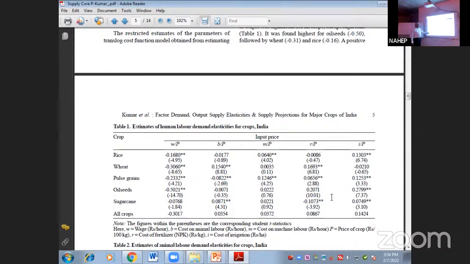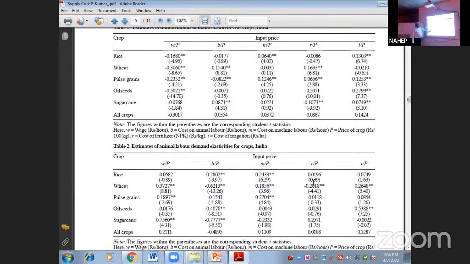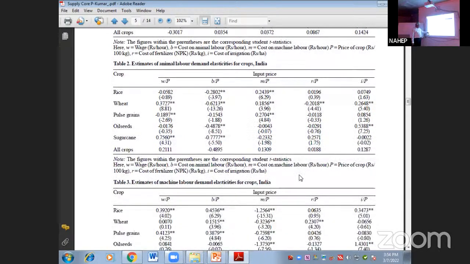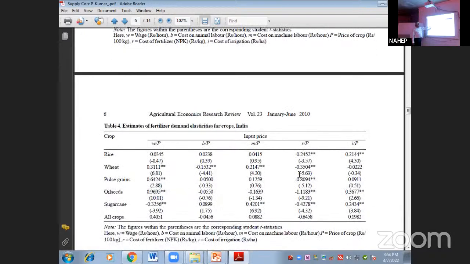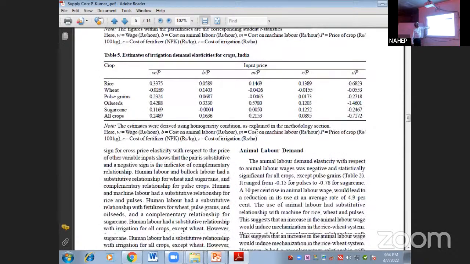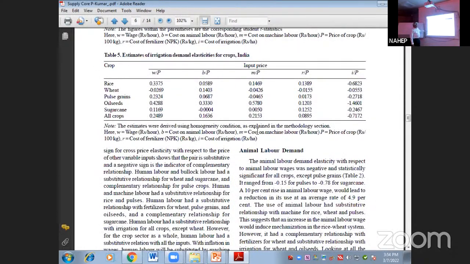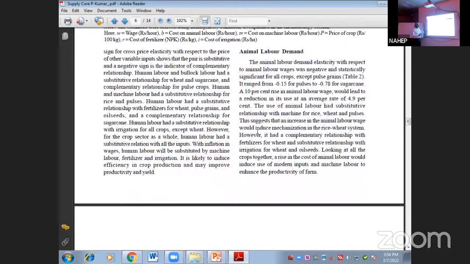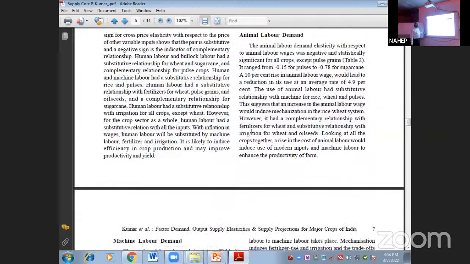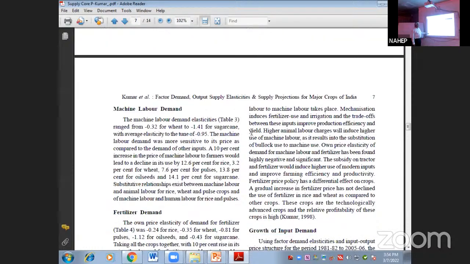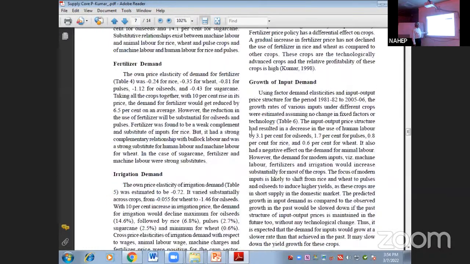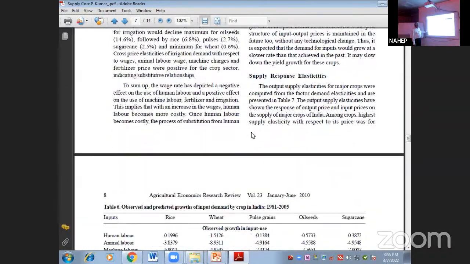Similarly, bullock labor, animal labor. Then you get the machine labor elasticity. You get the fertilizer demand elasticity. You get the irrigation elasticity. Then from there, after getting this, you get the supply elasticity: machine labor, fertilizer demand, irrigation demand.